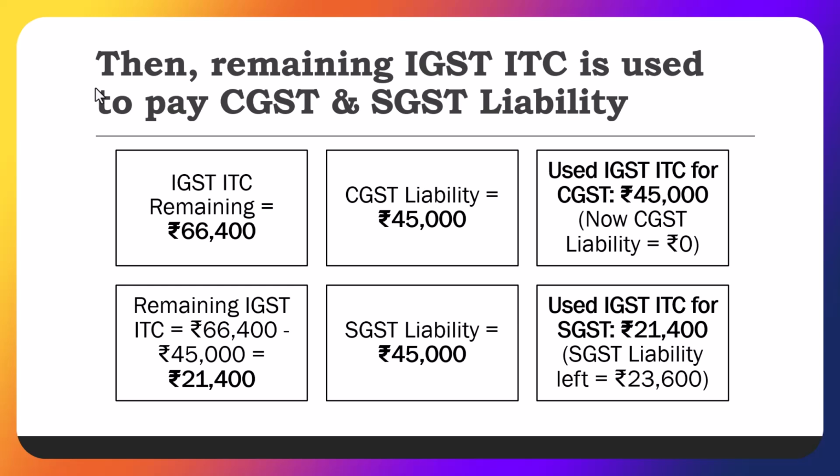So 45,000 minus 21,400, he'll be left with a further 23,600. So he has paid all the liabilities and is still left with 23,600 under IGST credit.